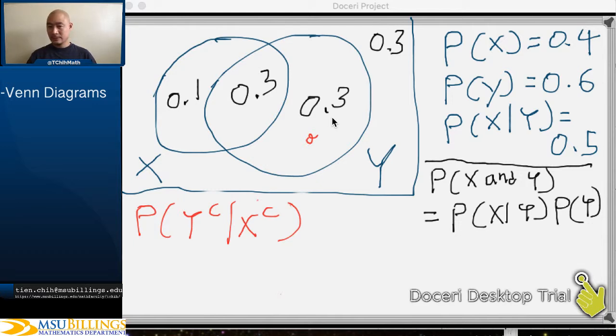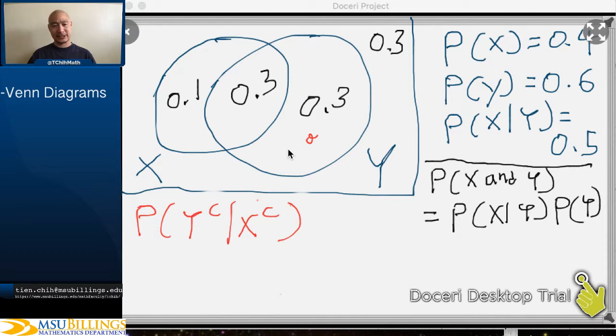So what does that look like? What we're looking at is, of all the things that aren't in X, which is these two pieces, these two pieces are in X, these two pieces aren't in X. How much of them are in Y? Well, there's the same amount in Y as outside of Y.